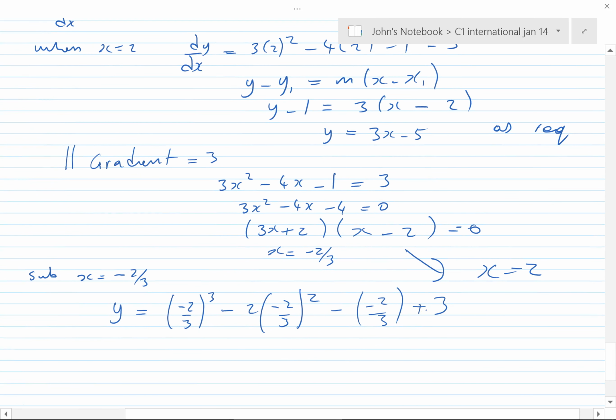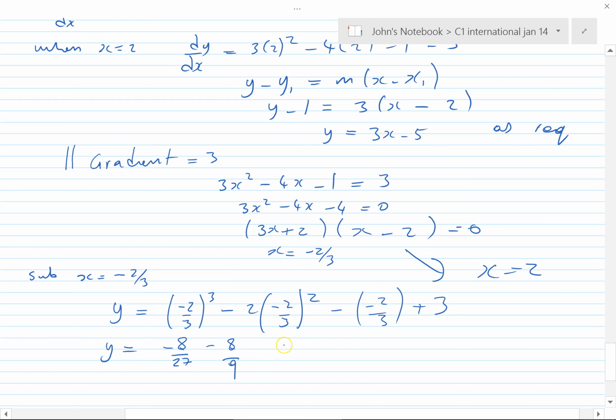Okay, so that's going to be a little bit of work, but we shouldn't be too bothered with this. Minus 8 over 27 will be that bit. This will be minus 2 times 4 over 9, so that's minus 8 over 9.